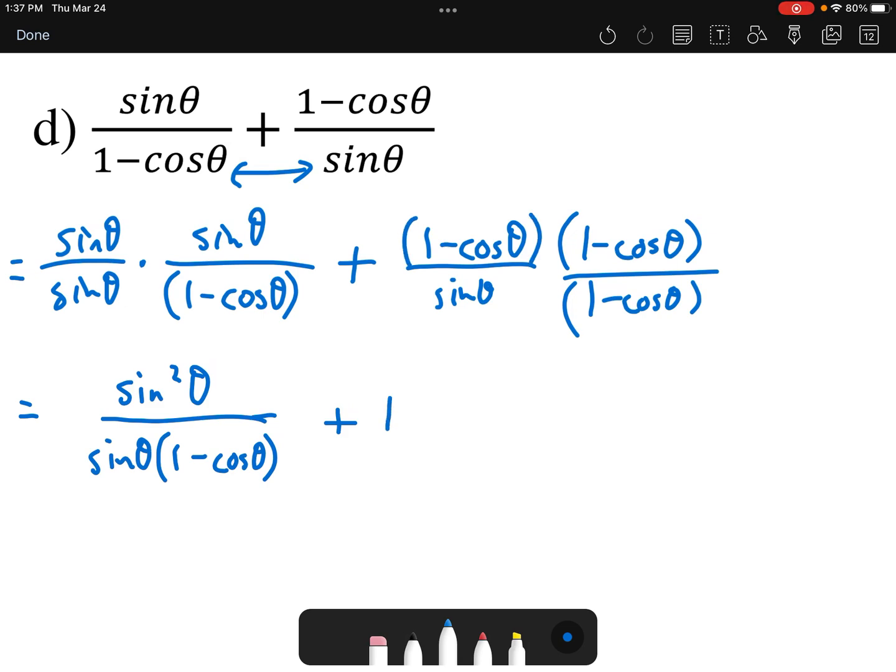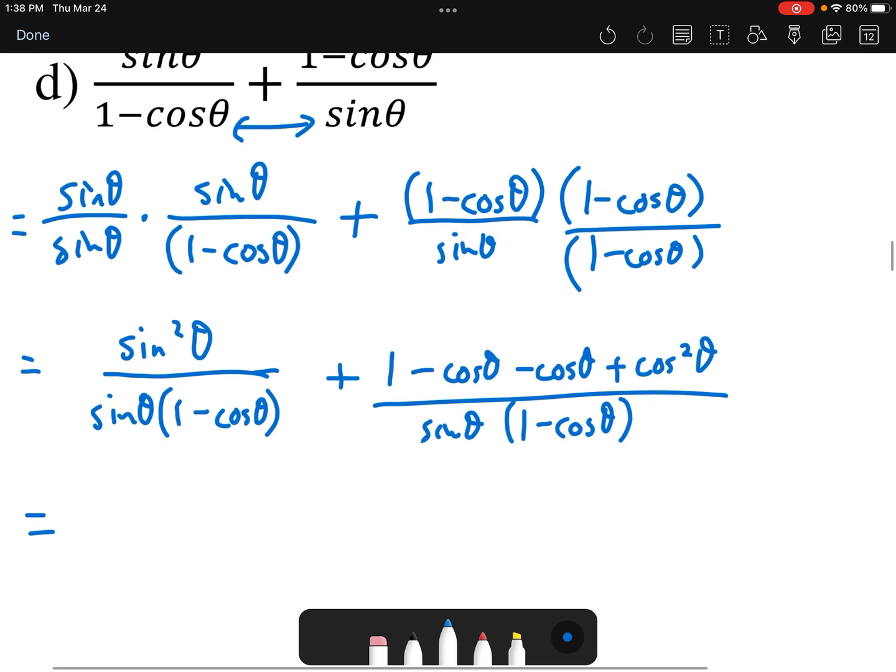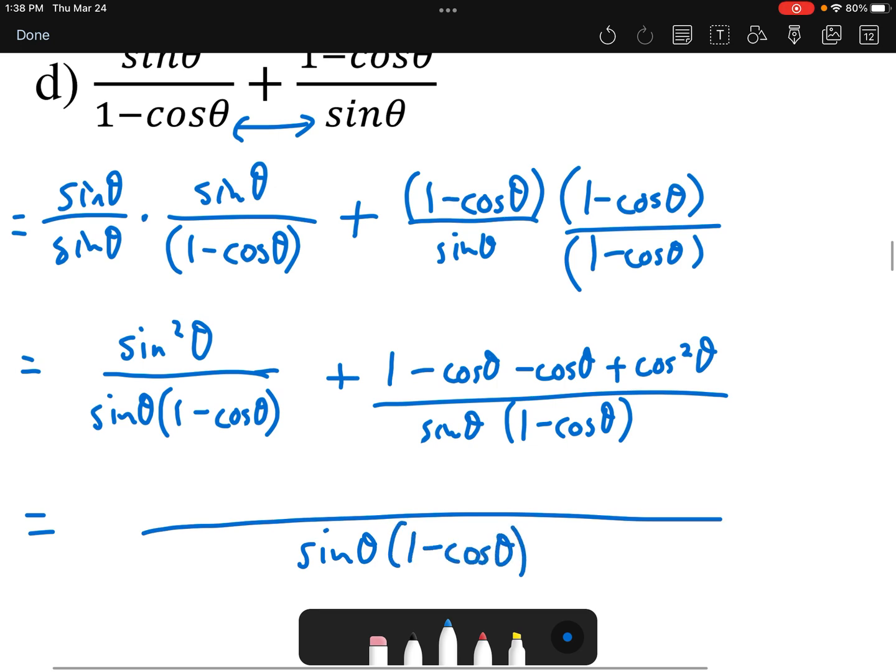Then we want to FOIL. So I'm going to FOIL this. And I believe you end up with that all over sine theta, 1 minus cosine theta. Now, typically, guys, I skip that step and go right to writing it as one fraction. And I hope you're okay with that because from here on out I will. So I just write this as one fraction.